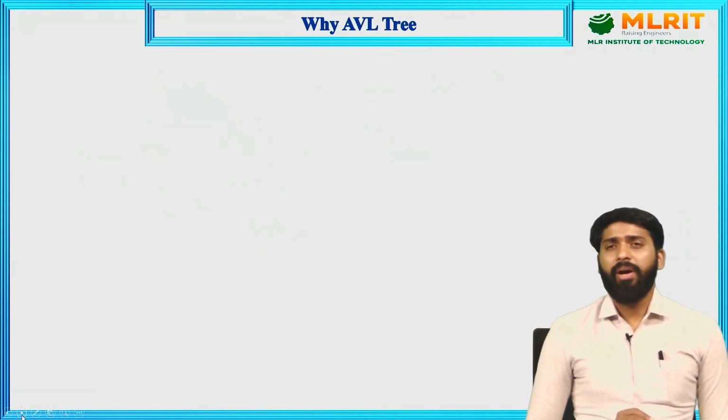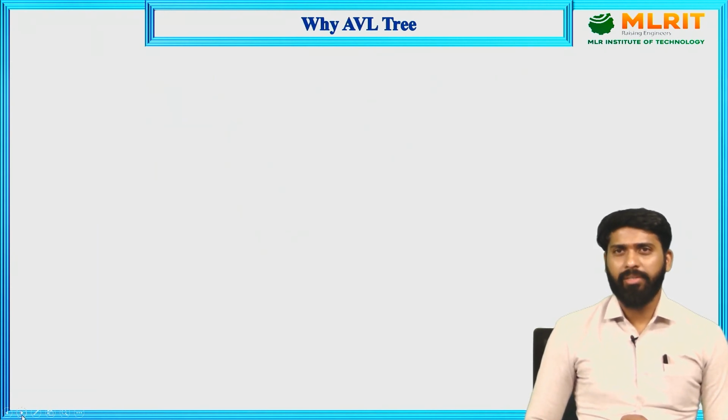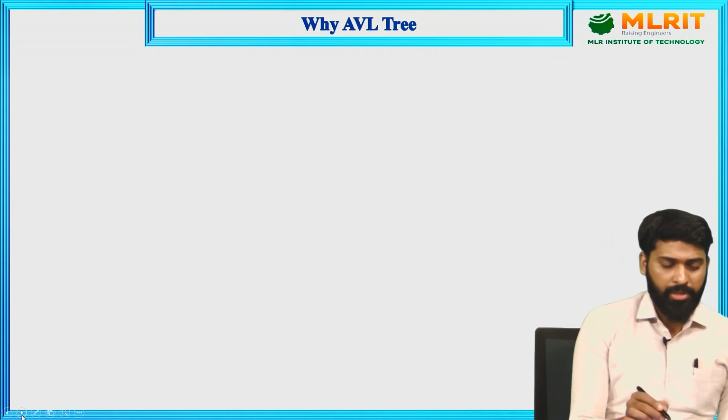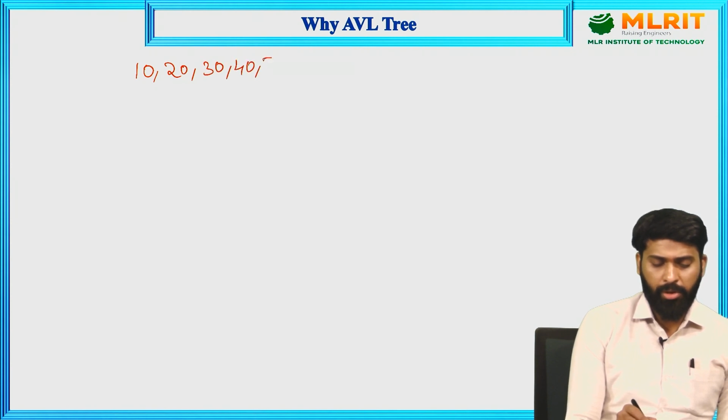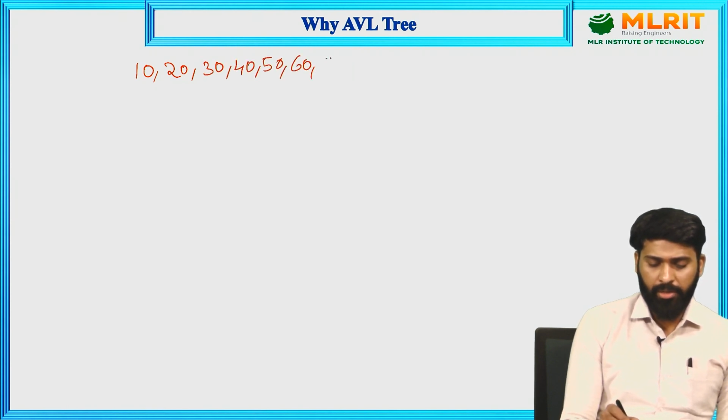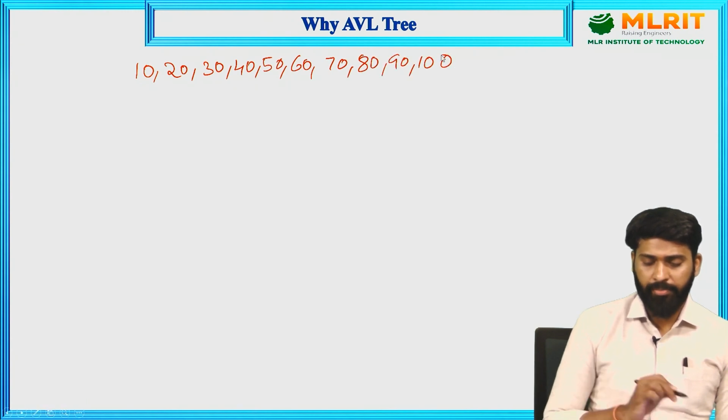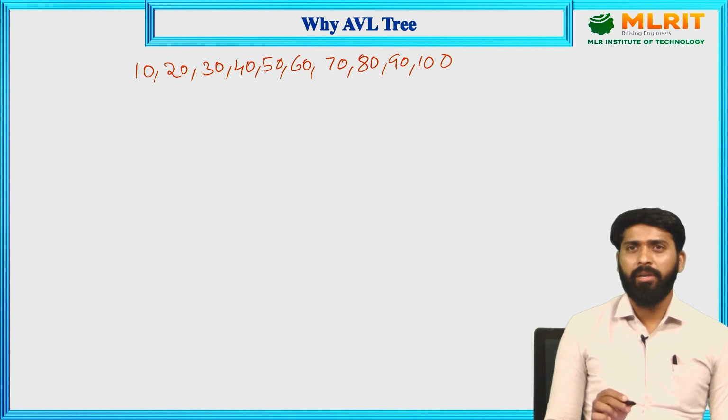Why do we need AVL trees? For example, these are the nodes I am given to insert into a binary search tree: 10, 20, up to 90, 100. Now construct the binary search tree.